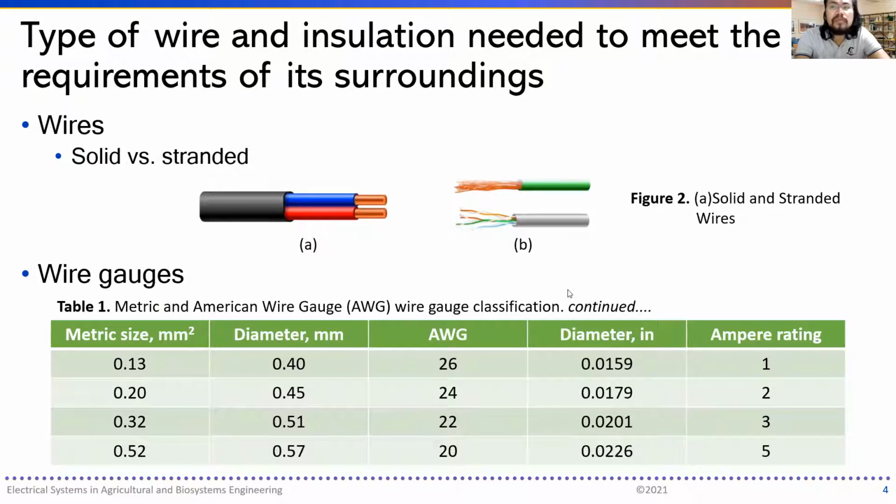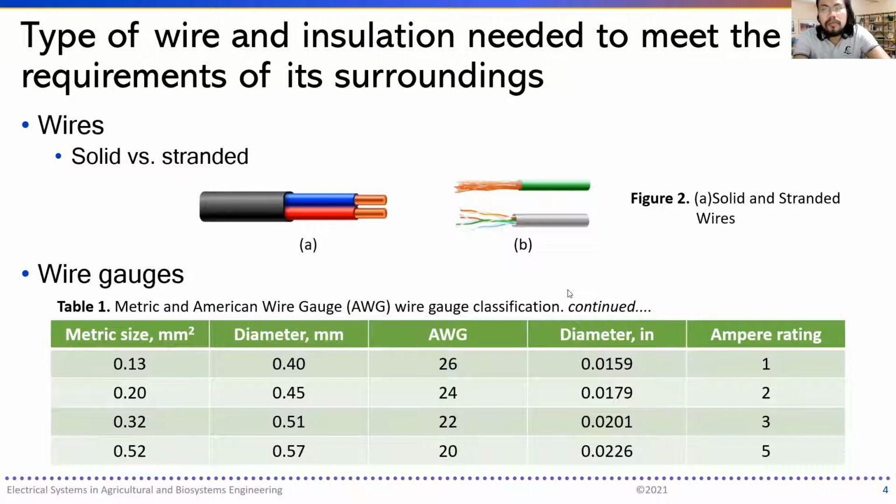The difference between the two, the solid and the stranded, is the bendability. And the same effective area can carry the same amount of voltage and current across a conductor, and these are now determined by what? The wire gauge.